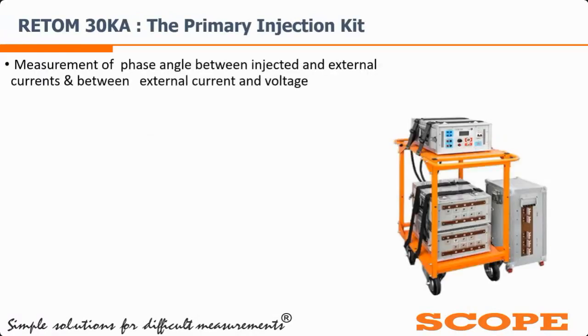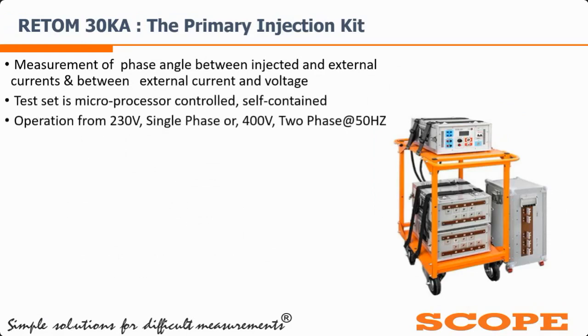So for measurement of phase angle, we can measure the phase angle between any two currents, primary and secondary, or between voltages, primary and secondary, as well as between current and voltage. So these three phase angles we can measure easily with this instrument.